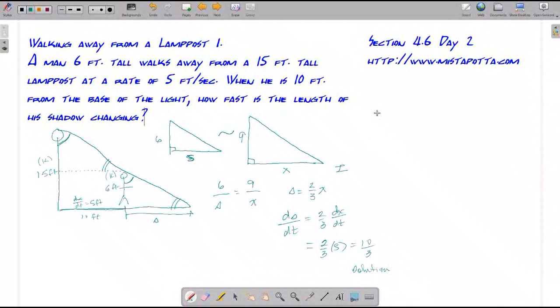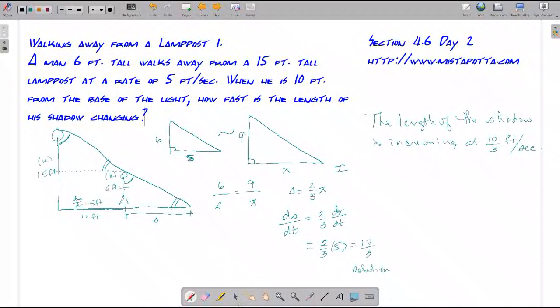And I could say that the length of the shadow is increasing at 10/3 feet per second.